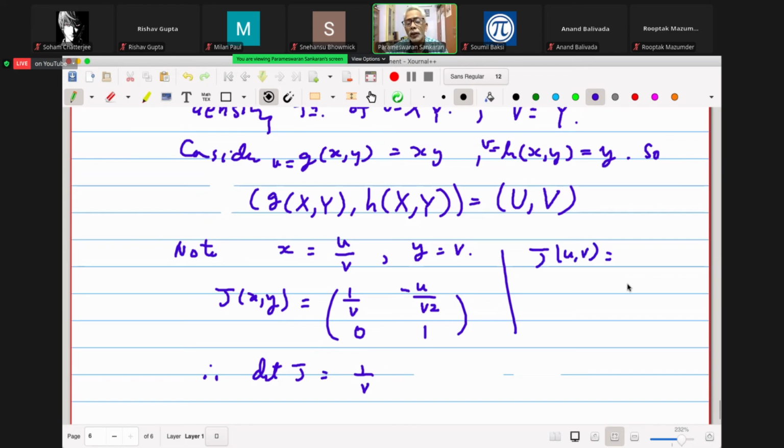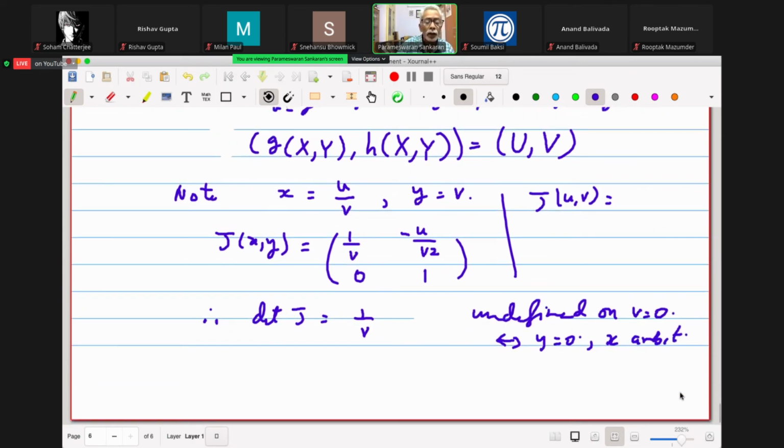You can do this, but let me not worry about that. So it's undefined on v equals 0. But v equals 0 is very much there in the domain, and that corresponds to y equals 0, x arbitrary. This is what I said, a small set.